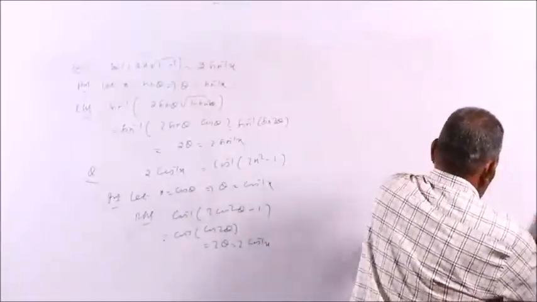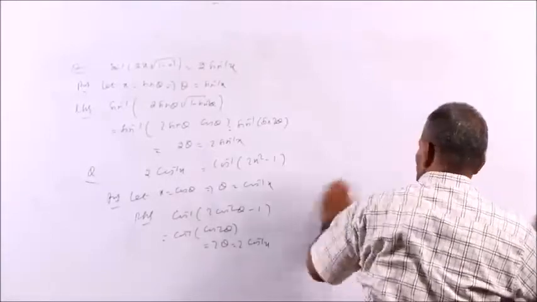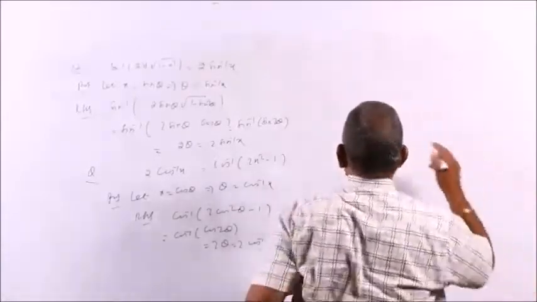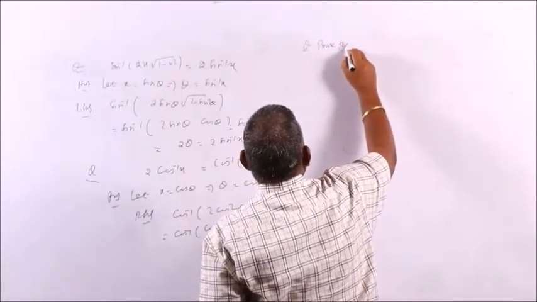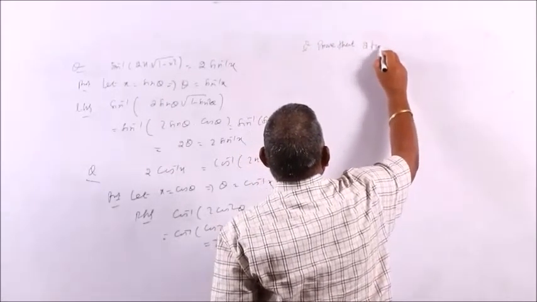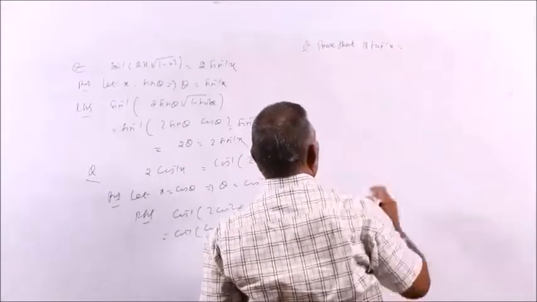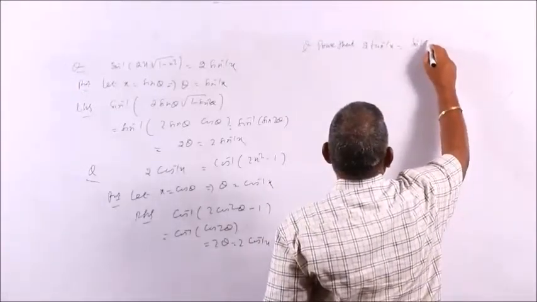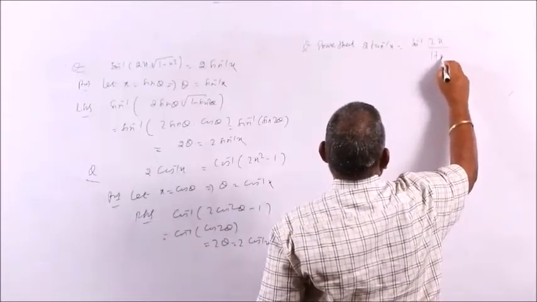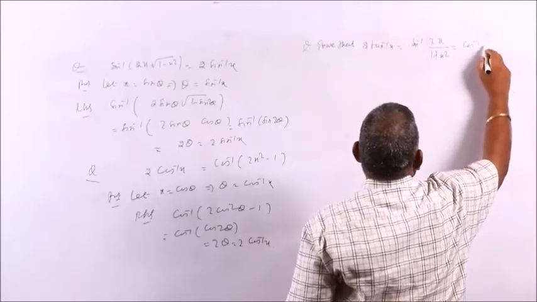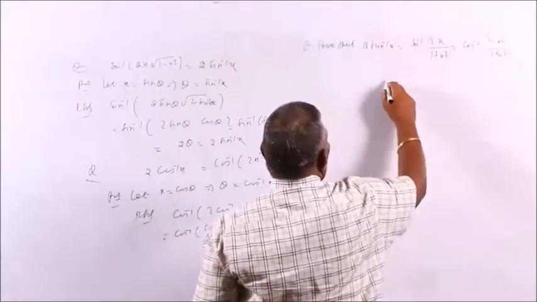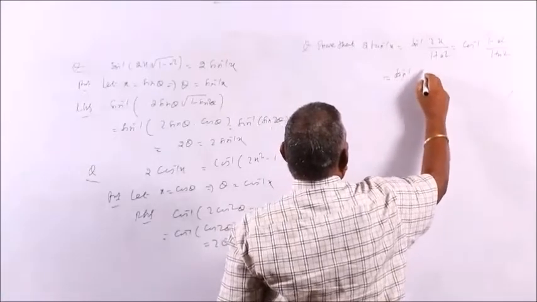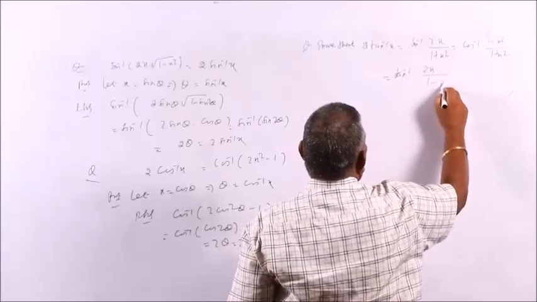Next is, prove that 2 tan inverse x equals sin inverse of 2x by 1 plus x square, equals cos inverse of 1 minus x square by 1 plus x square, equals tan inverse of 2x by 1 minus x square.